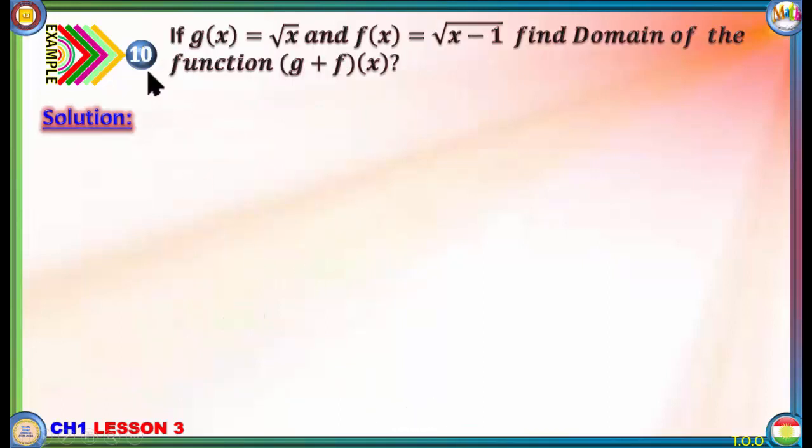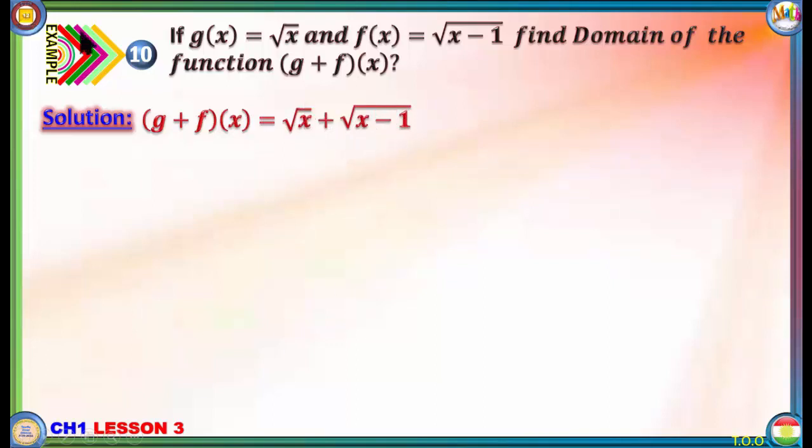Example number 10. If g(x) equals the square root of x and f(x) equals the square root of x minus 1, find the domain of the function g plus f(x). First of all, let us find g plus f(x). It is the square root of x plus the square root of x minus 1.